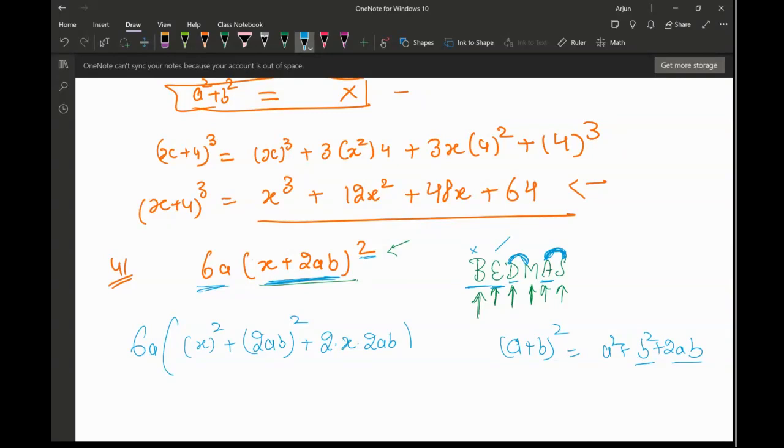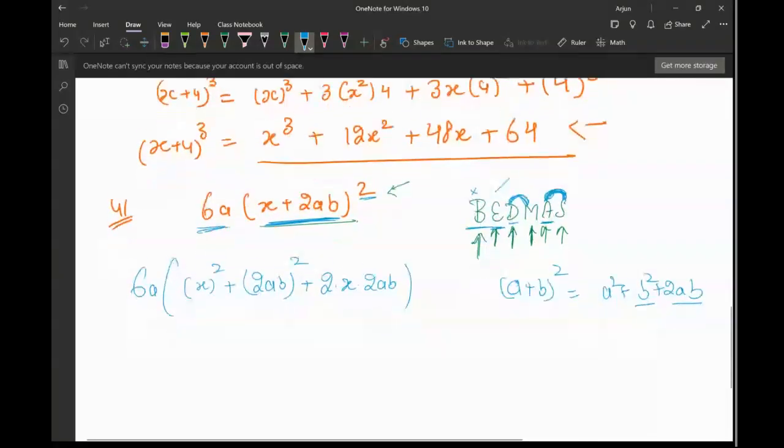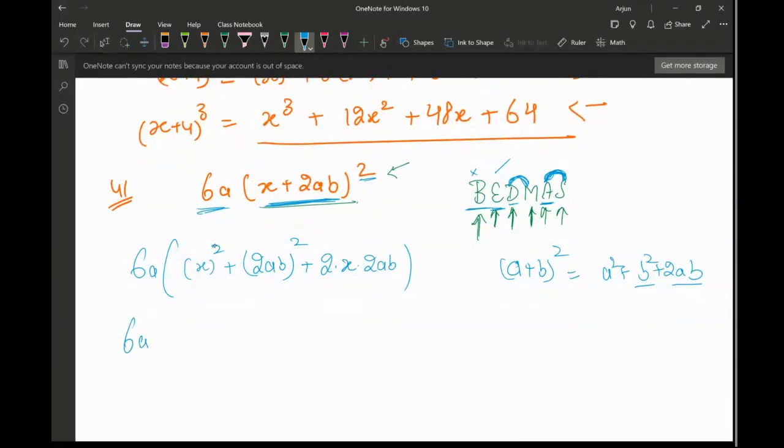So now I'm going to start opening up the brackets. Before I open up the brackets, I have to distribute the exponents also. This will be x square plus, this will distribute here and here also. This will be 2 square times a square times b square.